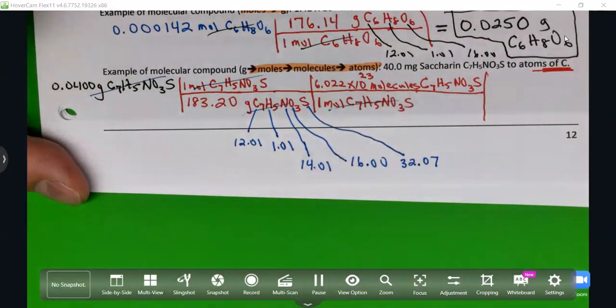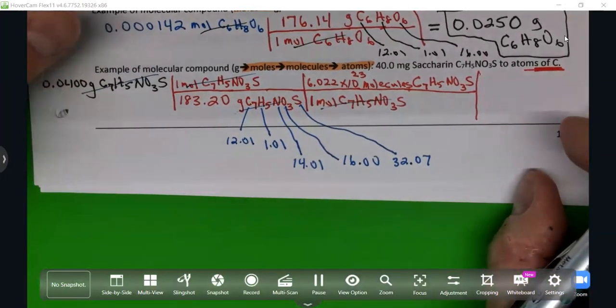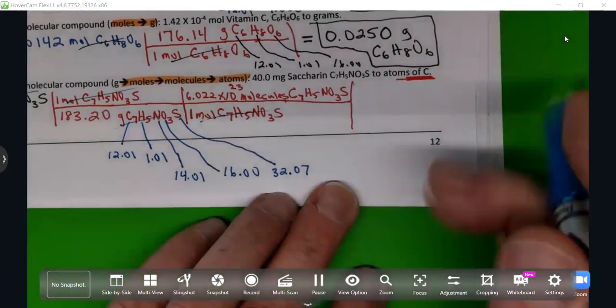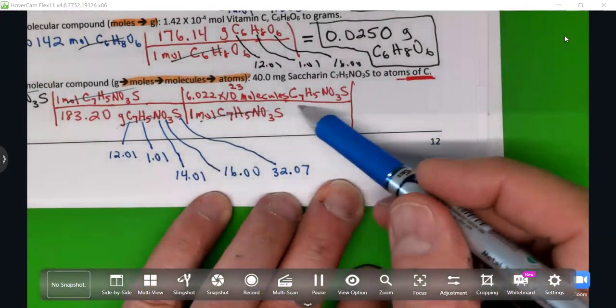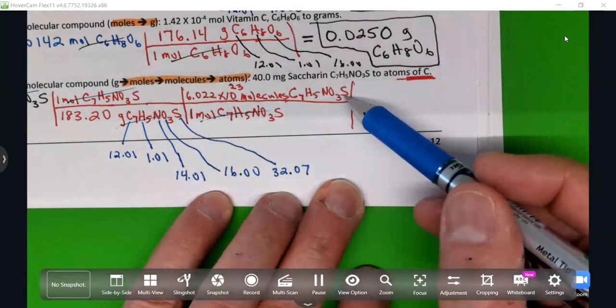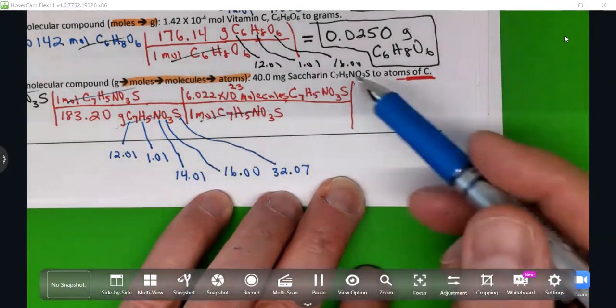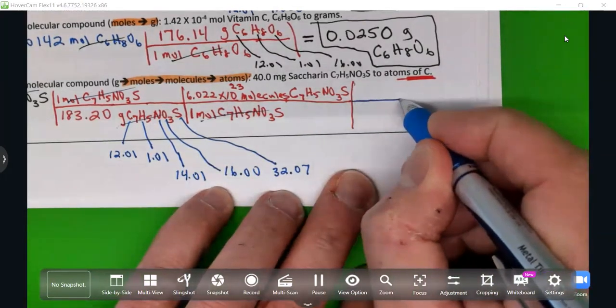Now, our last step is, every time, we'll move this to the left. For every one molecule of C7H5NO3S, it contains 7 carbon atoms, right? So that's what we're going to do. We're going to cancel out molecules.